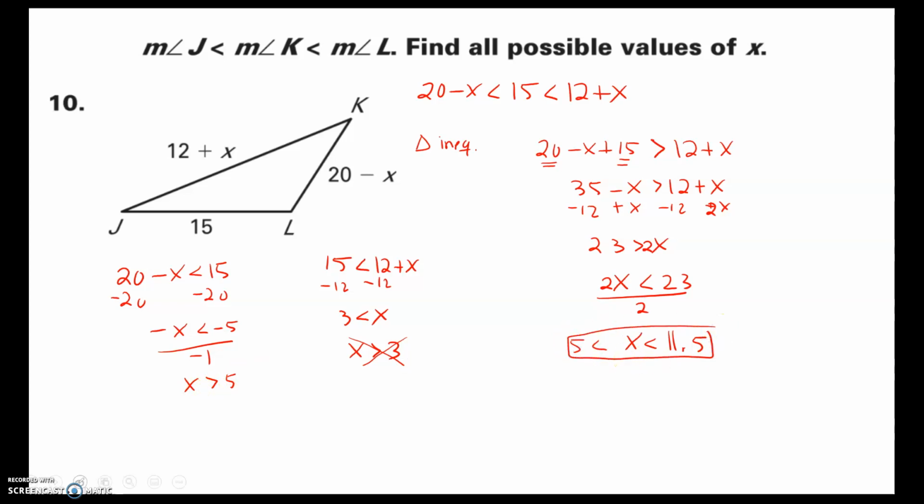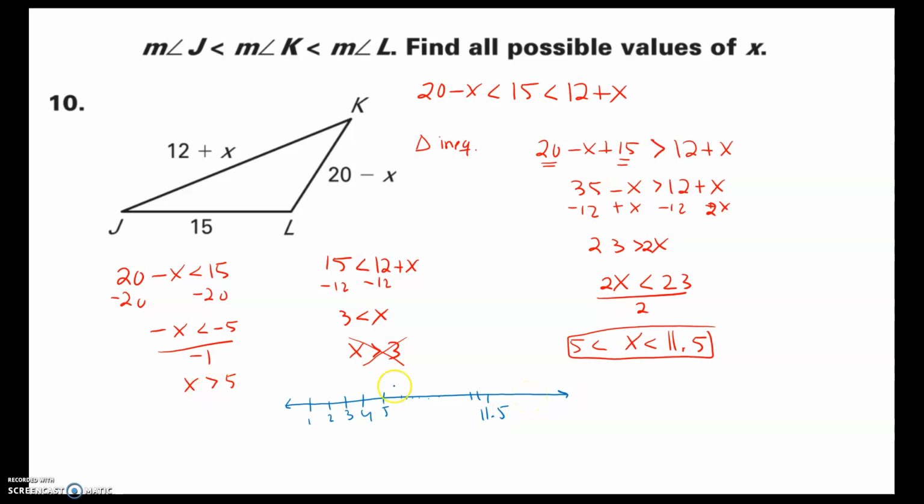Now again, if that's confusing, we can do our number line here. So if I were to have a number line, and let's just start with, I'm going to put 1, 2, 3, 4, 5. I'm going to skip some numbers here and go all the way to 11.5, since those are numbers that I'm looking at here.